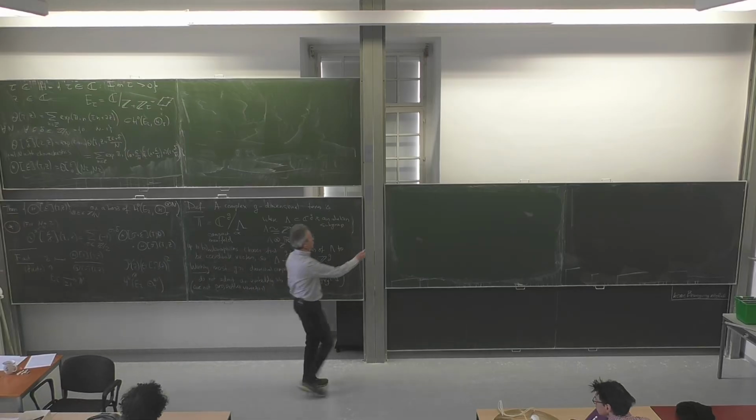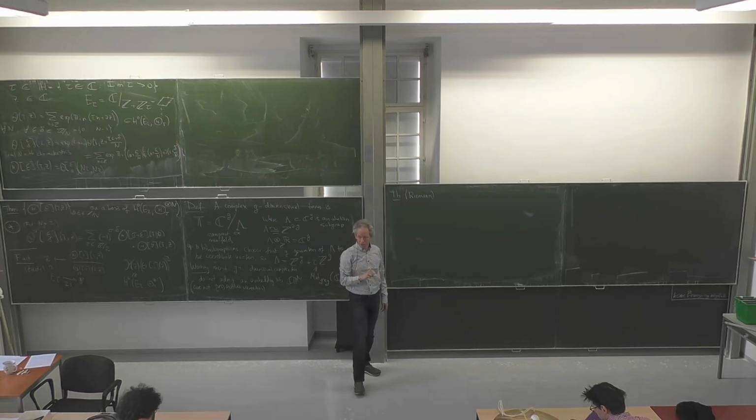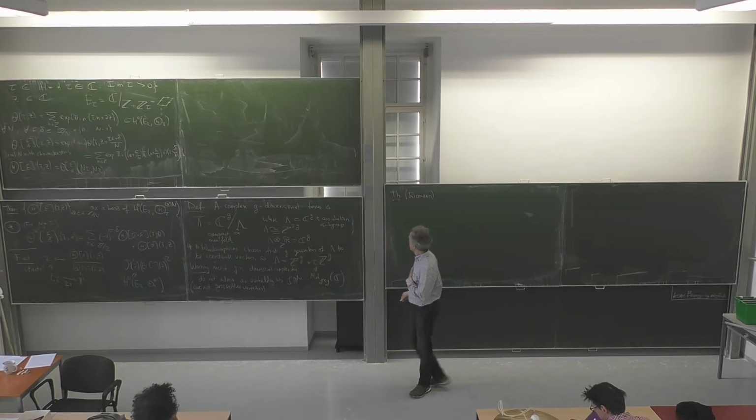And there is a theorem. This is called Riemann's theorem. And I'll write it the way I write it. The amazing thing is that this was proven by Riemann, even though he didn't have half of the language I'm using.